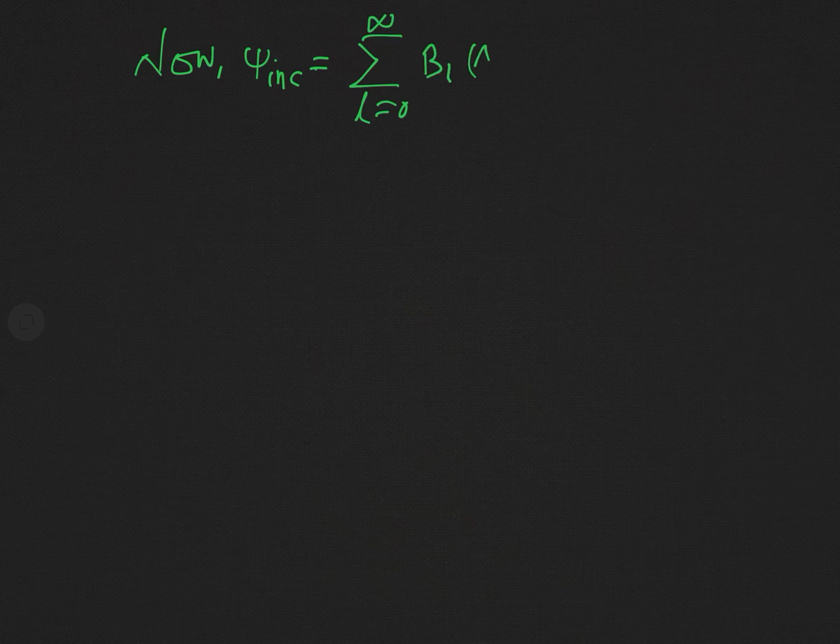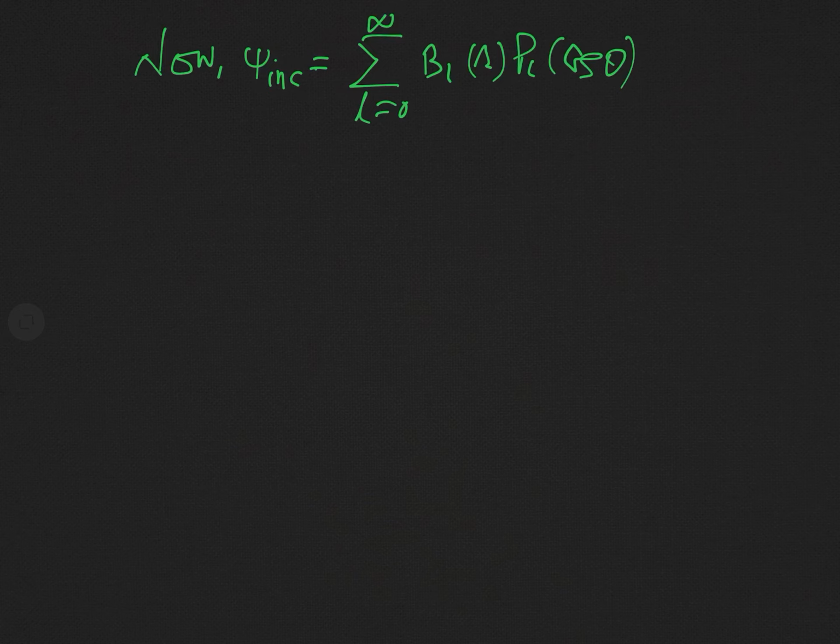So now let us see what psi is in general for the incident wave. We have learned that this psi inc is the sum from L equal to 0 to infinity of BL of R PL of cos theta.